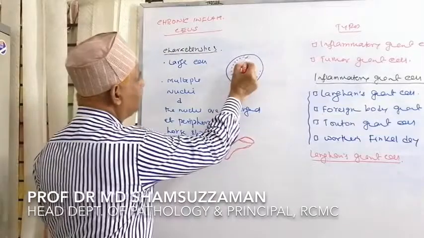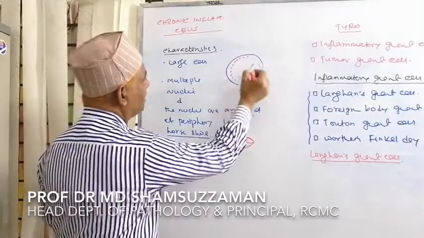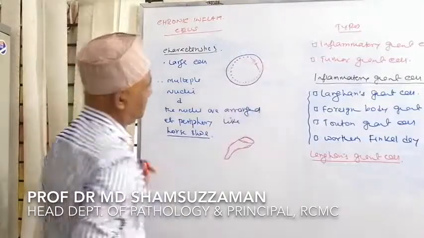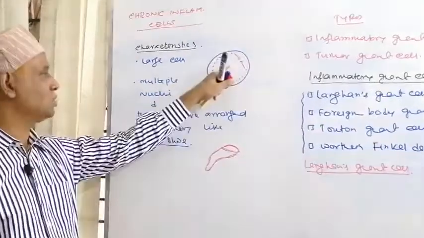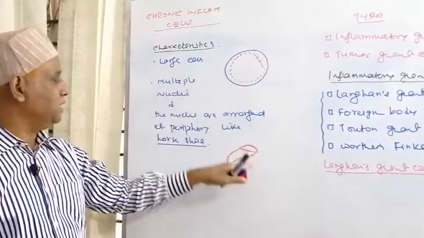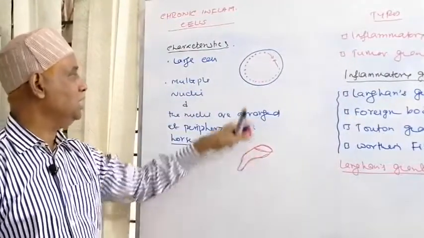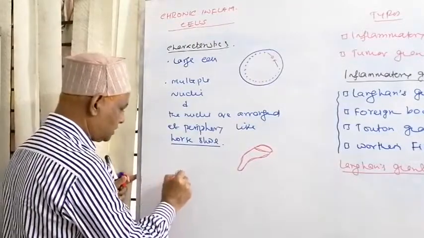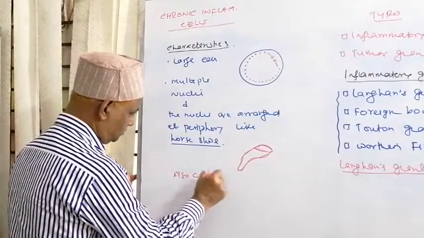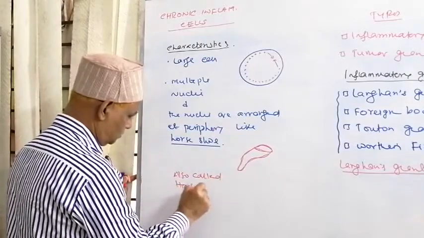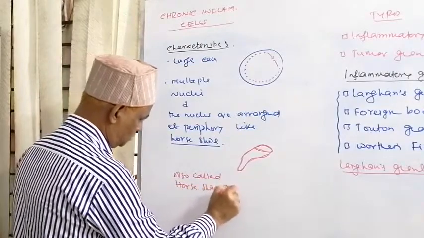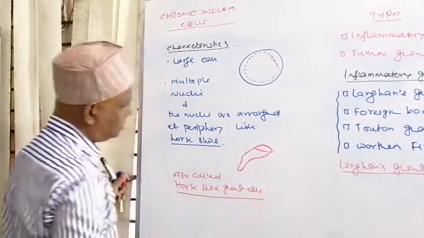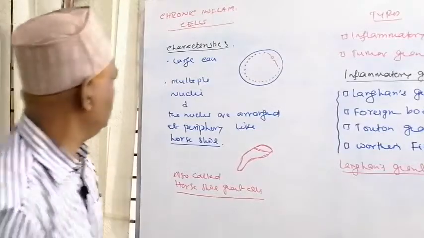Like this, the nuclei are arranged at the periphery all along except at this part, and this part is devoid of nucleus. So arrangement like this is called Langerhans giant cell, and due to arrangement of the nuclei like horseshoe, it is also called horseshoe giant cell.